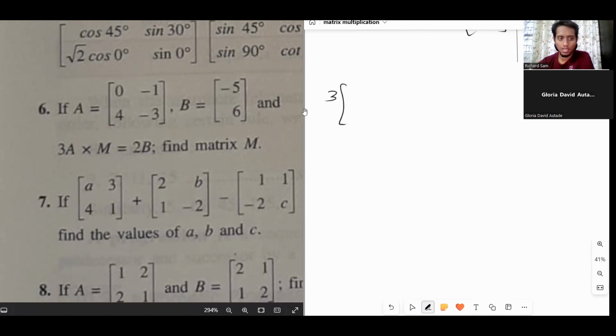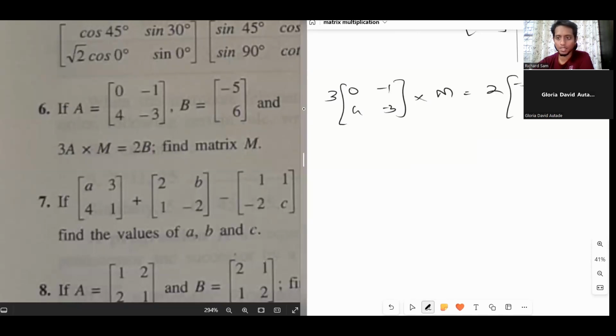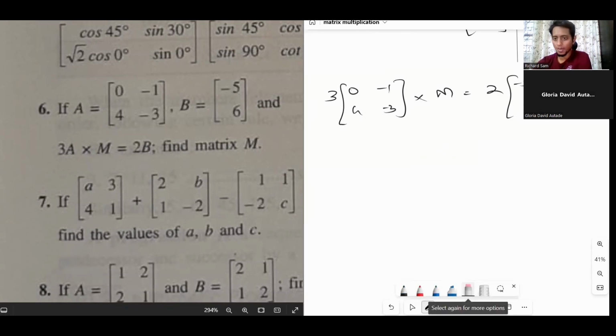So 3A, A's values I'm substituting, 0 minus 1, 4 minus 3, into M is equal to 2B. B is minus 5, 6. So we can't just take this on that side. What we need to do is substitute some values in place of M. I'm going to create a matrix over here with some values.